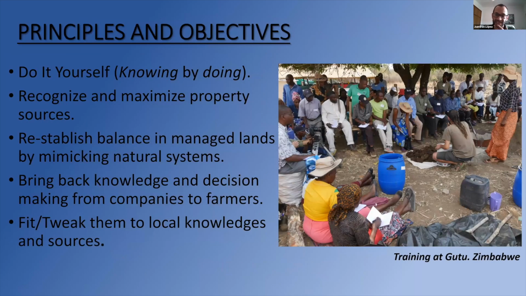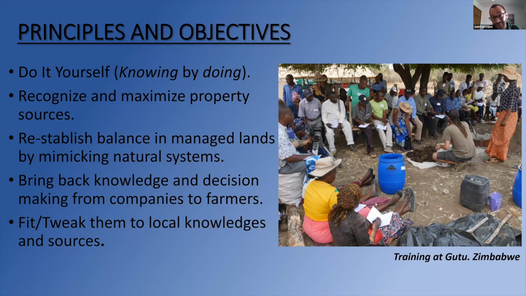The principles, just to finish the presentation, are: do it yourself. It is very important to know what you're doing, to use those resources properly to reestablish that balance in the managed land.